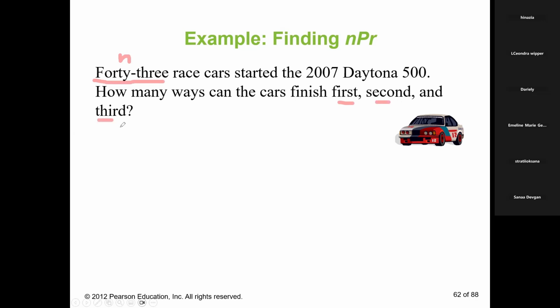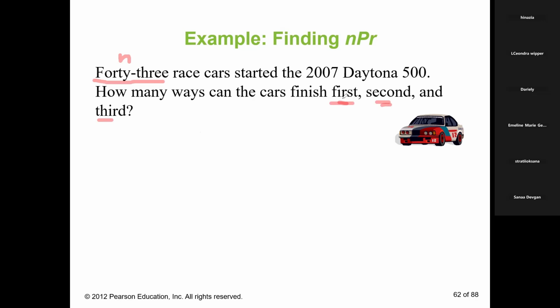So what is the value of r? N is 43. Do you agree with me? How about r? R will be first, second, and third. R is 3, right?